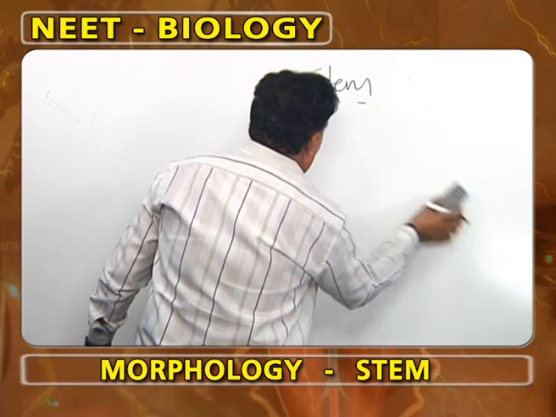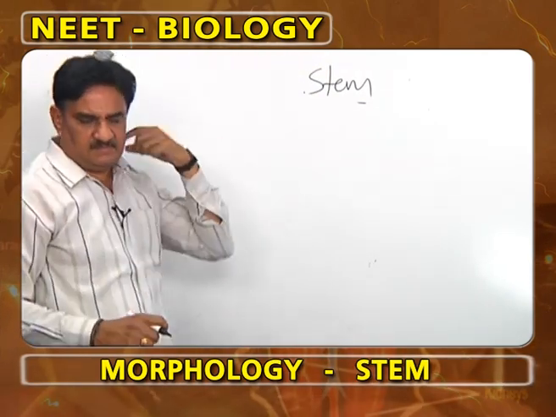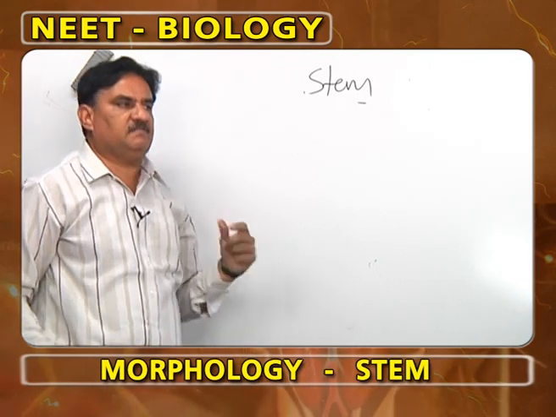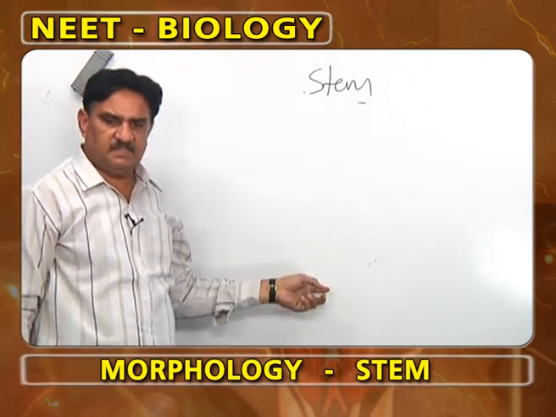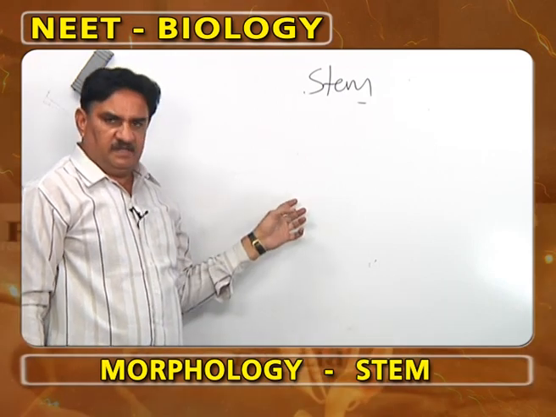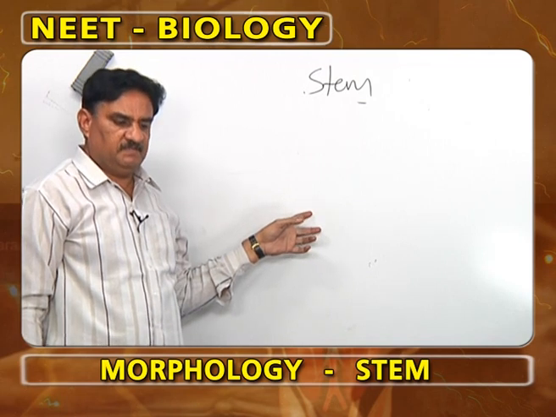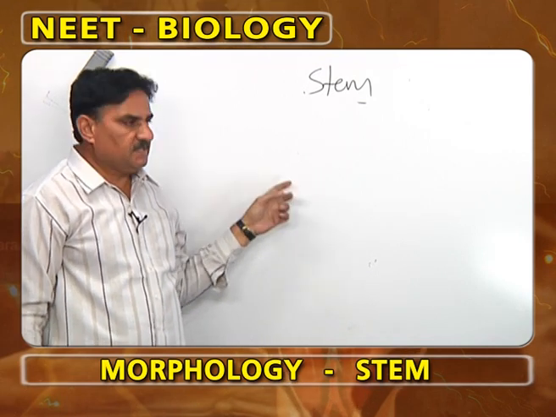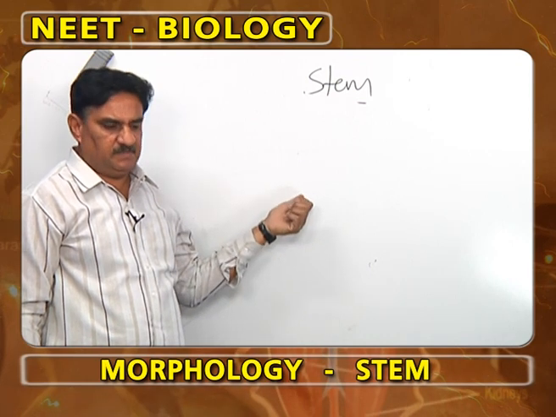They mainly help in vegetative propagation, and the subaerial stems that help in vegetative propagation are of four types: runners, stolons, suckers, offsets. Runners grow obliquely on the soil, above the soil, helping in vegetative propagation, with prominent nodes and internodes. Stolons grow above the soil obliquely, helping in vegetative propagation.